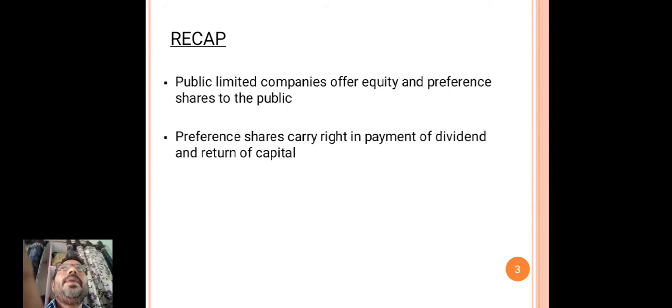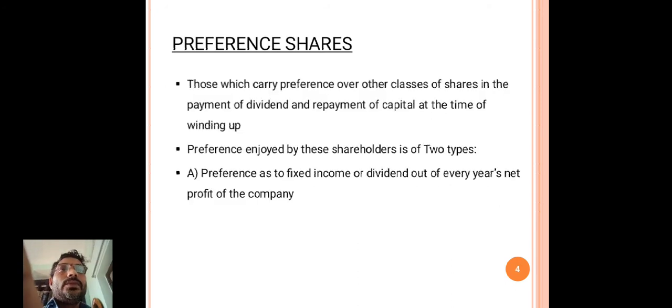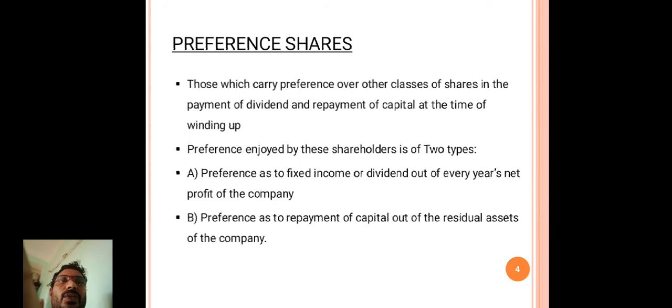The first repayment is made to the preference shareholders out of the residual assets of the company. Then equity shareholders, then deferred shareholders.